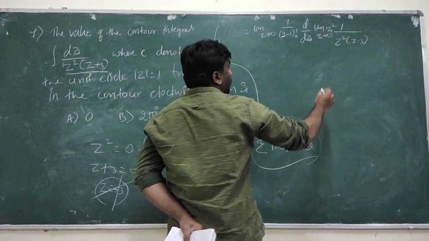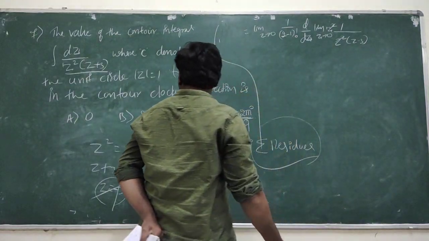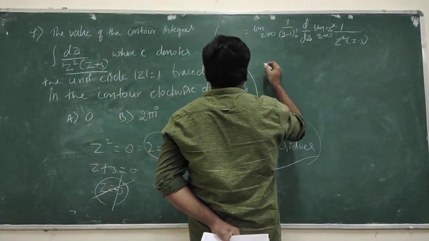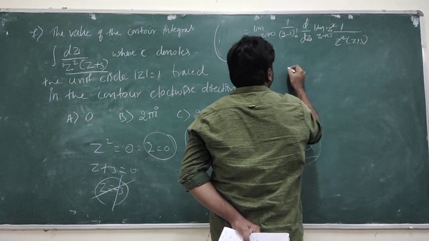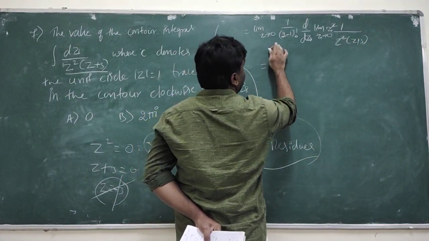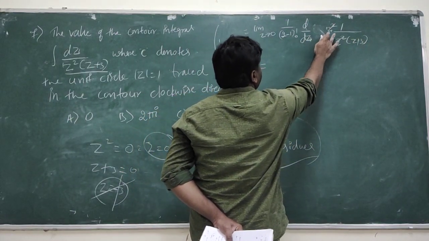Okay, and z square cancels. So which is equal to, here already the limit is mentioned, so no need to write here.